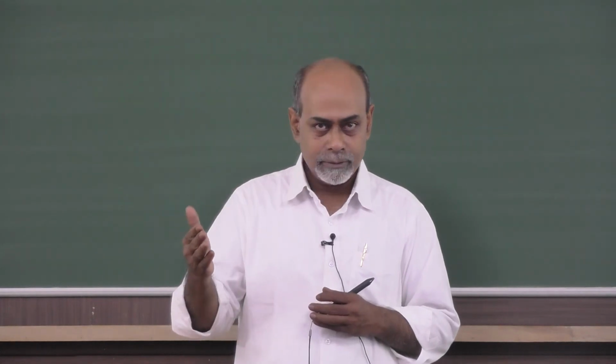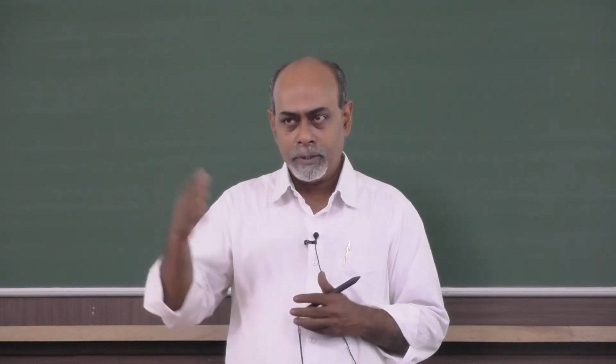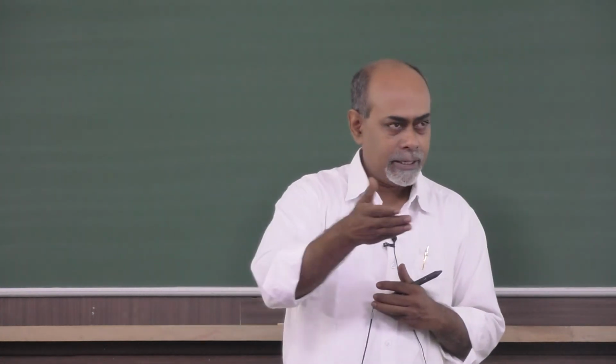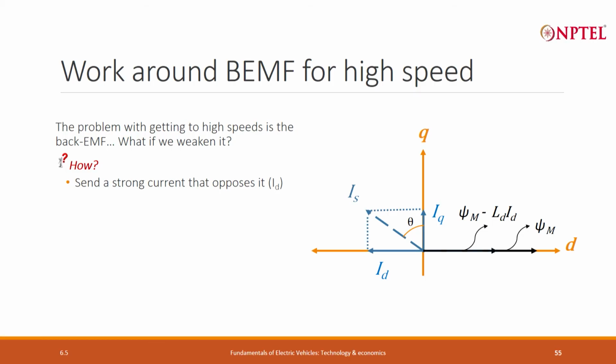And if you recollect our discussion earlier about phase angle and MTPA and all that, the D axis current is creating a flux which is opposite to that of the magnet. You can see that the D axis is pointing in the leftward direction. So, the net flux along the D axis is ψm minus LD·ID. So, one way in which I can reduce this will be by increasing this.